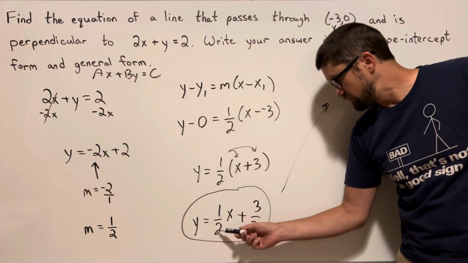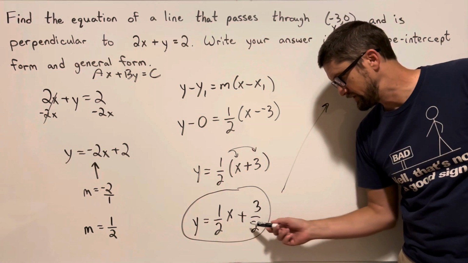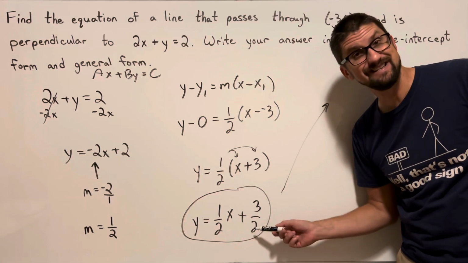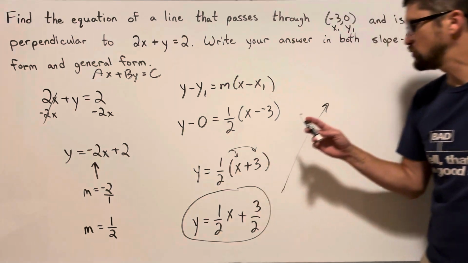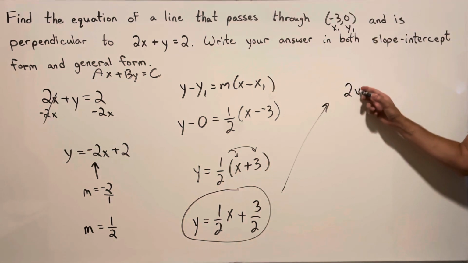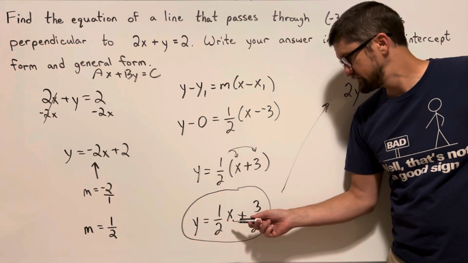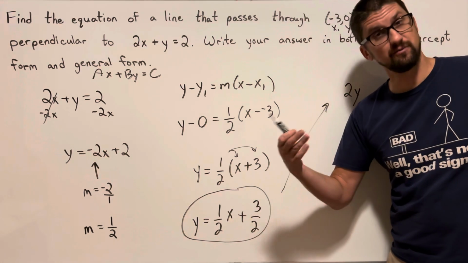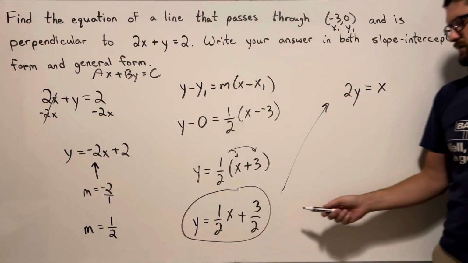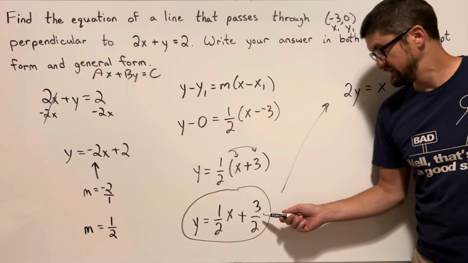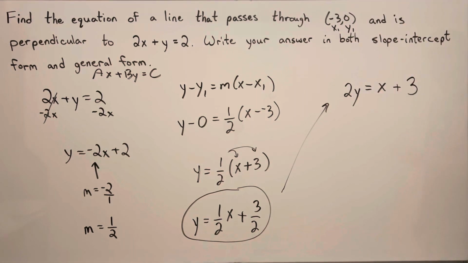So I'm going to multiply by 2 on both sides to get rid of the 2's in the denominators on the right. So 2 times y gives you 2y. 2 times 1/2 x is just x. And then 2 times 3/2 is going to be 3.